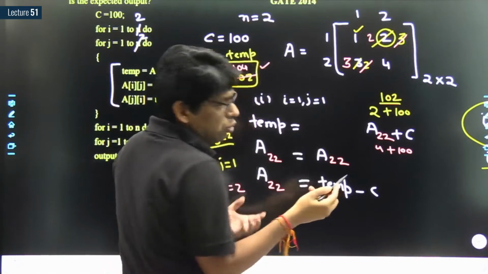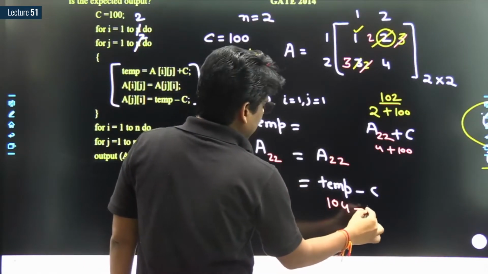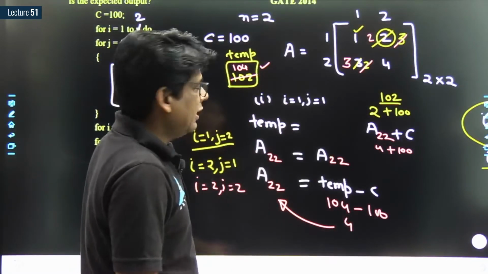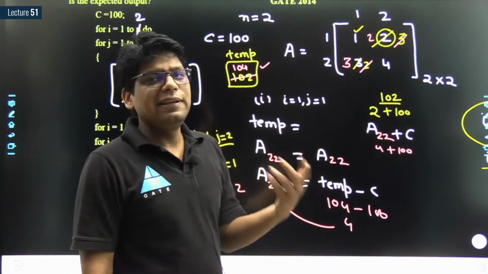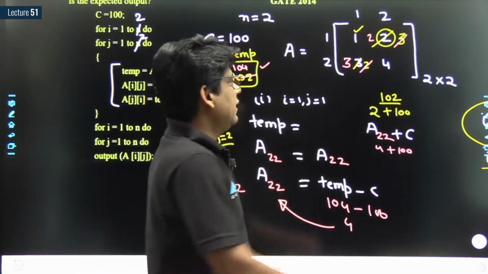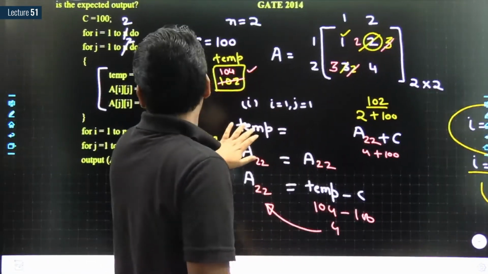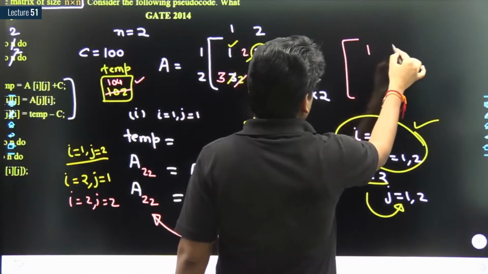A22 is equal to A22 does not make sense. A22 is equal to temp, which is 104 minus 100. That means 4 will be stored inside A22. Actually, whenever this code executes for a diagonal element, nothing gets changed. That is why 4 remains 4. So the whole code executes and the matrix remains unchanged.